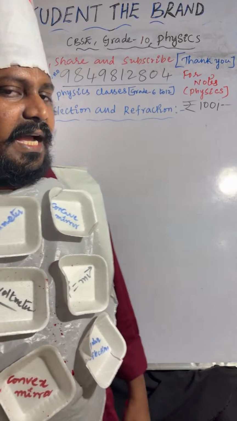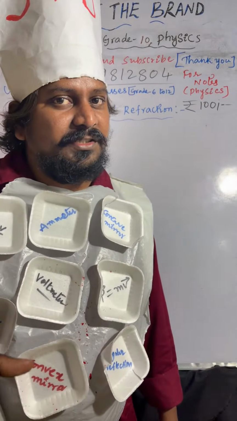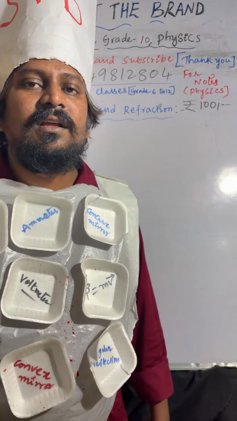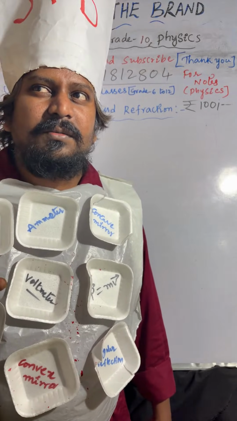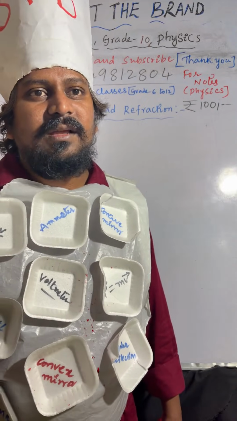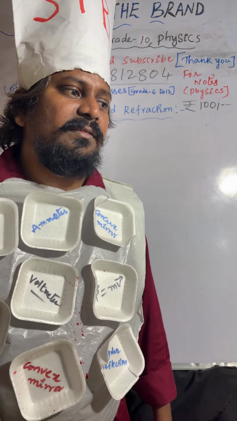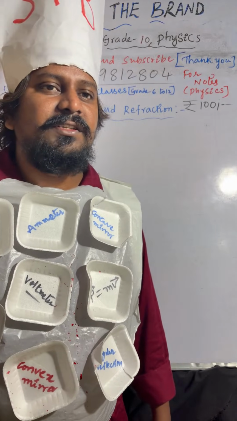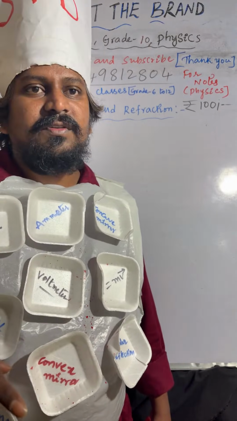And sometimes they will ask about the laws of reflection. Definitely they will ask a question about the laws of reflection, and related to that one problem, maybe from an MCQ point of view. Generally only theory questions will be asked related to reflection of light and laws of reflection.